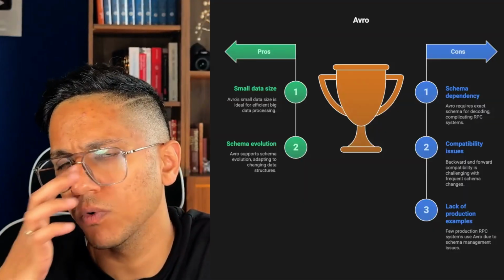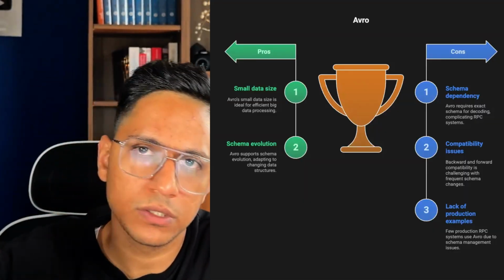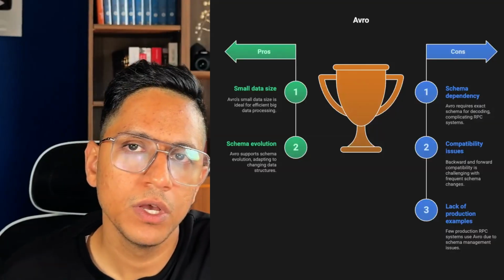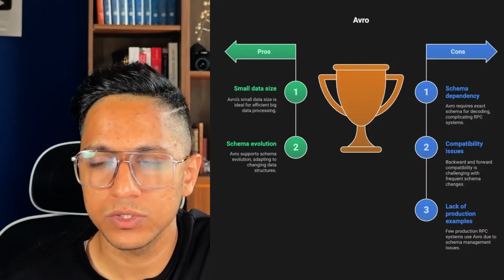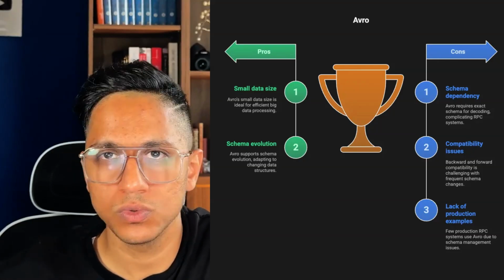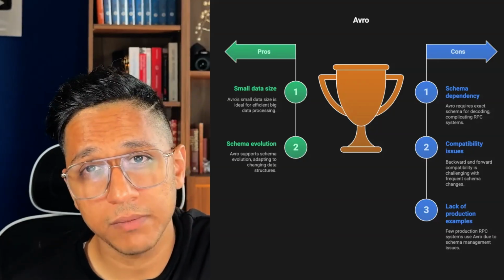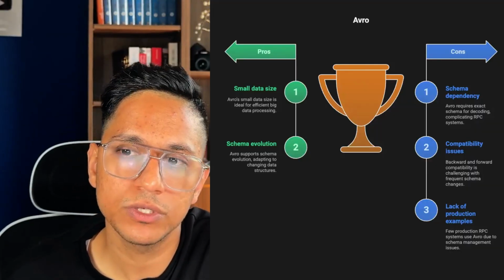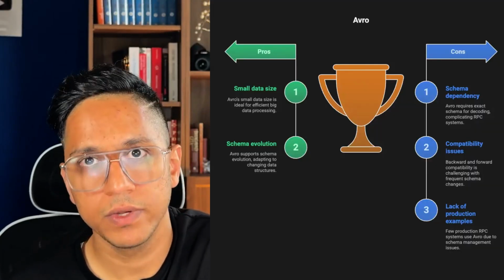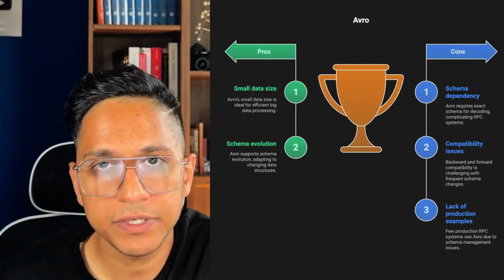It has good support for schema evolution, but when you use something like Avro with Confluent Schema Registry, making sure that you're sending the right schema is on the client side. It has to do the heavy lifting, and there are things which are a function of runtime, and it may go wrong, and it's a problem. That's the reason Avro is more useful when it comes to big data pipelines and so on, but not really in RPC. So you need something better.